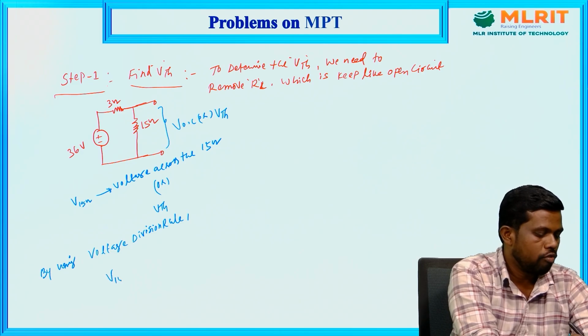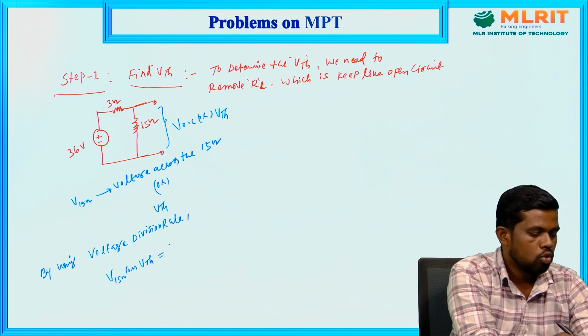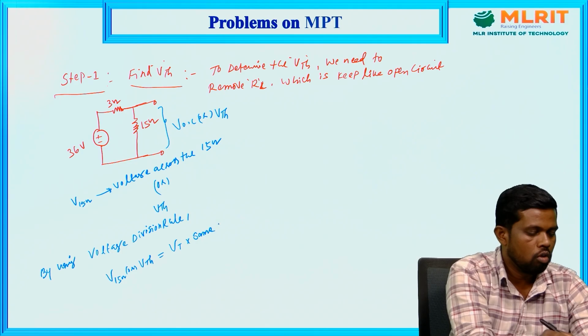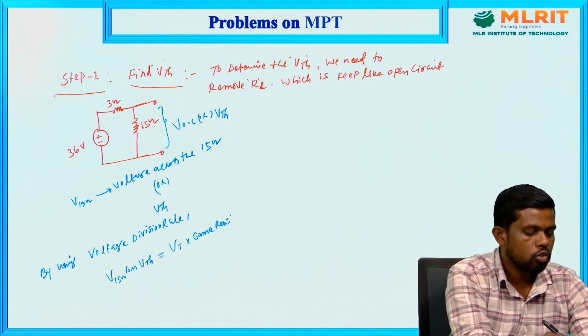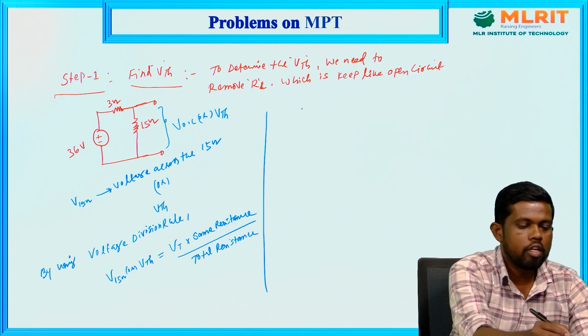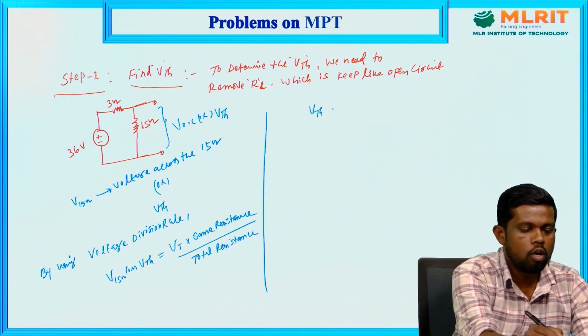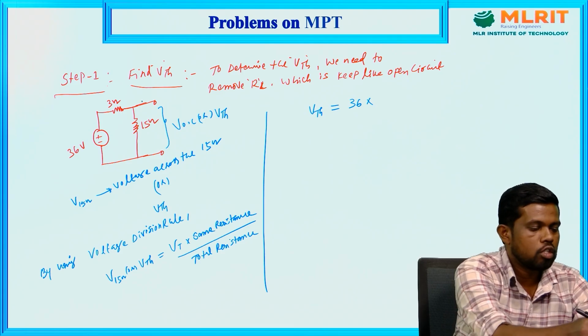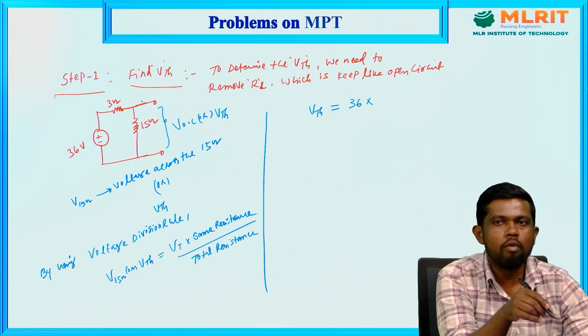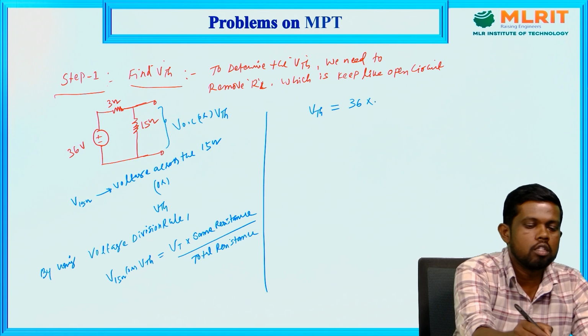So V15 ohms, or VTH, equals the total voltage times the same resistance upon the total resistance. That is the formula of the voltage division rule. Here 36 volts is the total voltage, and the same resistance means the element at which we need the voltage, that is the 15 ohms.